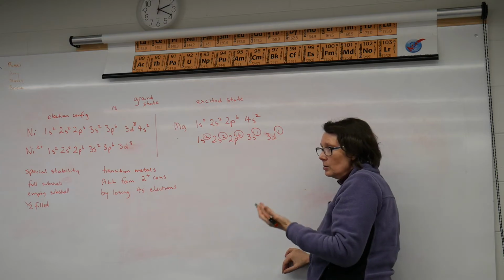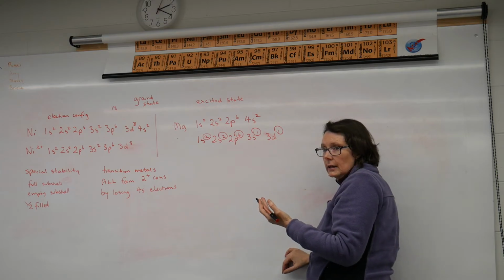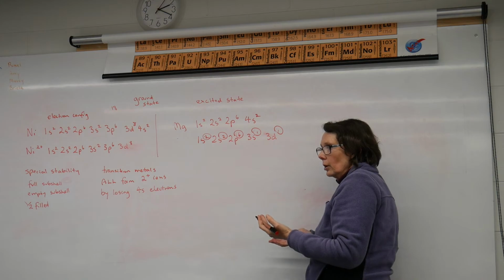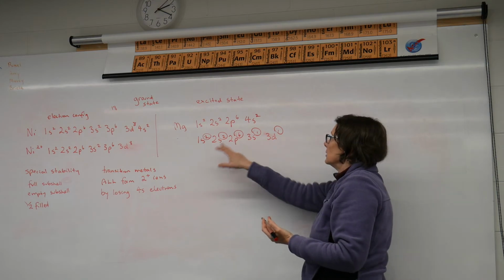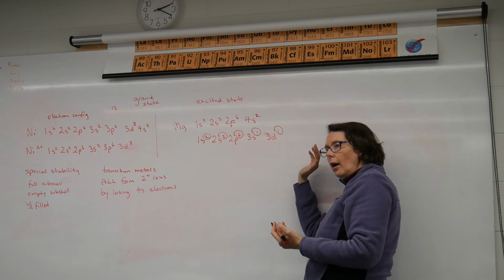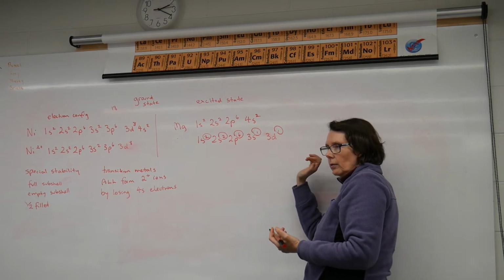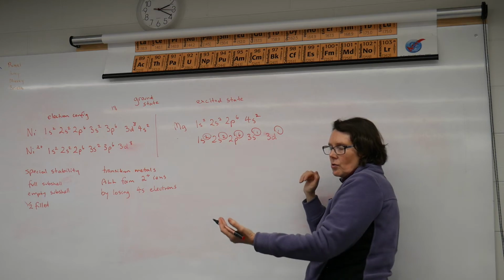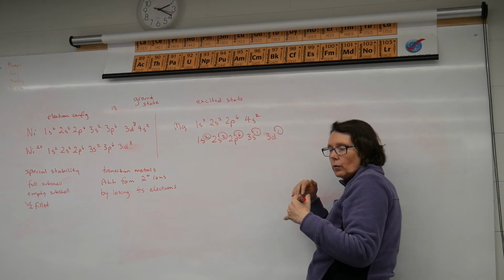Is it an element or is it an ion? If it's an element, that's going to be the same as its atomic number. If it's an ion, then we have to think, has it donated or gained electrons to form that ion?